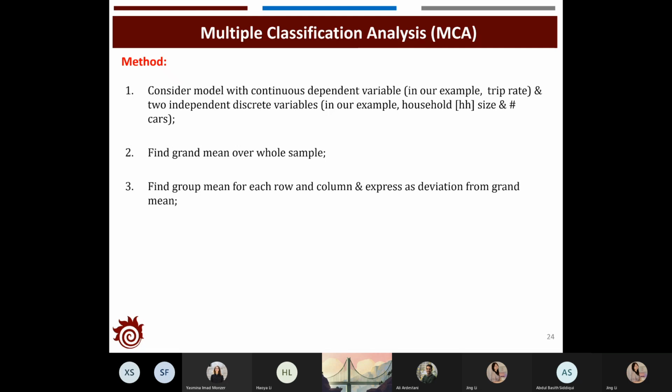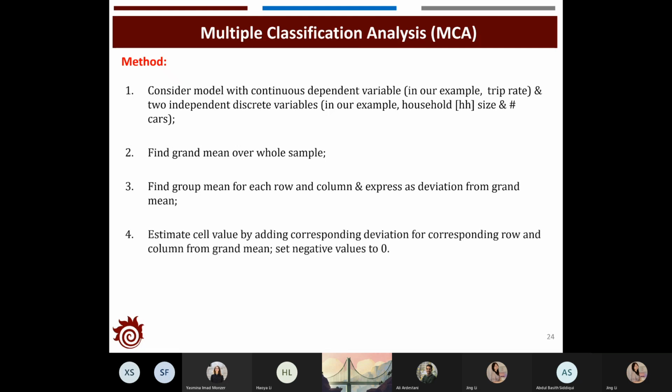Then we need to calculate the deviation from the grand mean. With that, we can estimate the trip rate for each cell based on the summation of the deviation and the grand mean, and if we find a negative value, we should set it as 0. So I'm going to show you more details about the calculation.